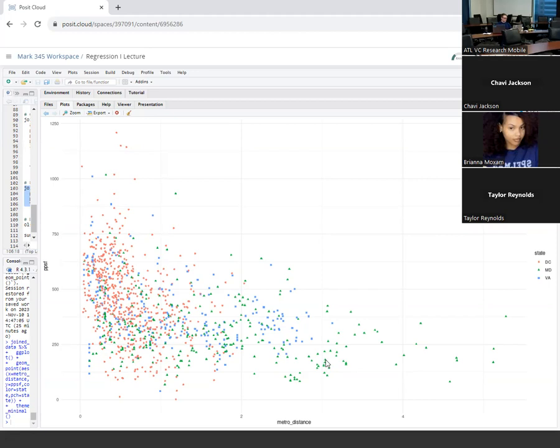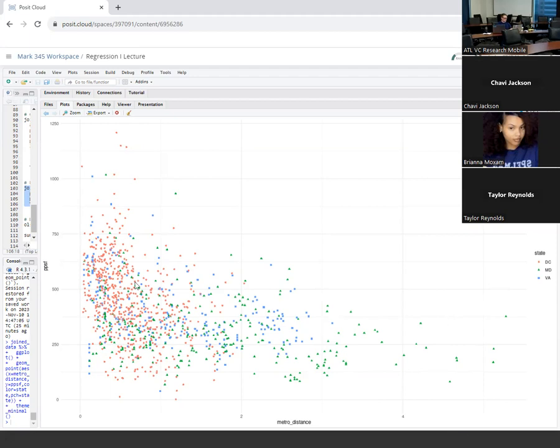So maybe it makes sense to treat those differently than those in the DC or Virginia areas, because for the most part they have quite a distance between the property and the metro stop.